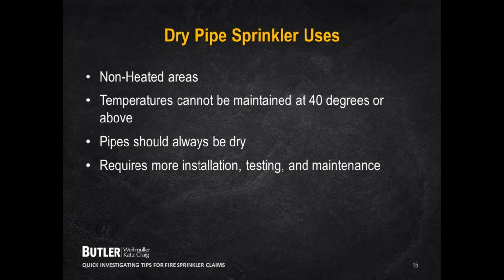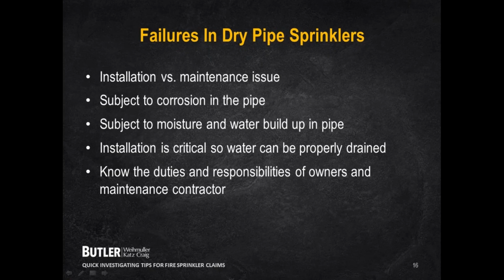You may have a good argument and supporting evidence to bring a claim against a landlord in a landlord-tenant situation if you were insured as the tenant and the landlord had the duty to maintain that.